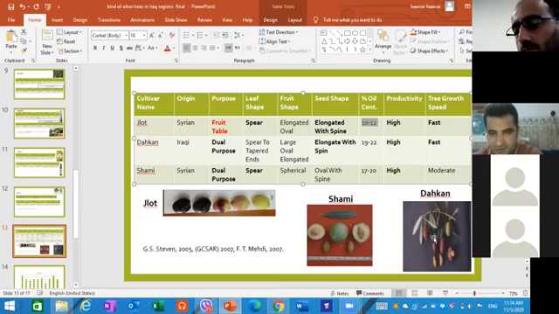And this is the picture about Dakan. Dakan has the shape of a large oval, elongated, but Shami is spherical as a ball, and Jalut has a normal elongated oval shape.